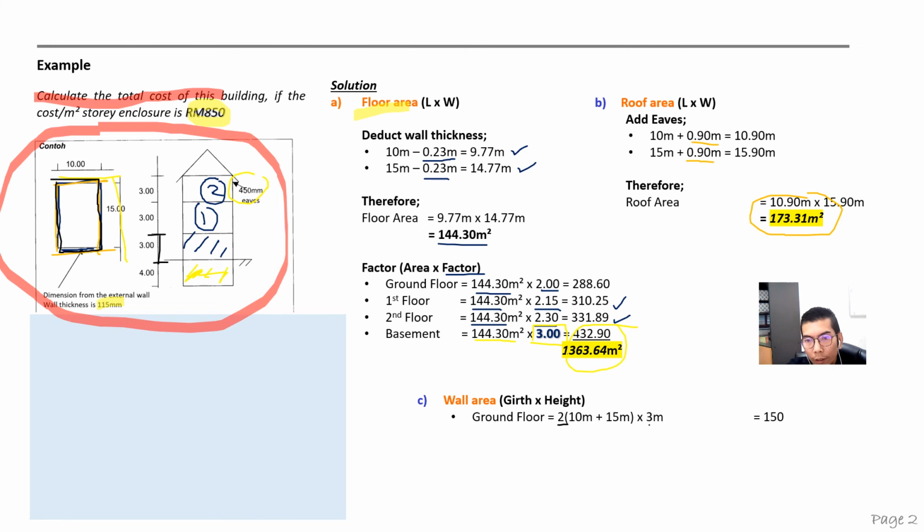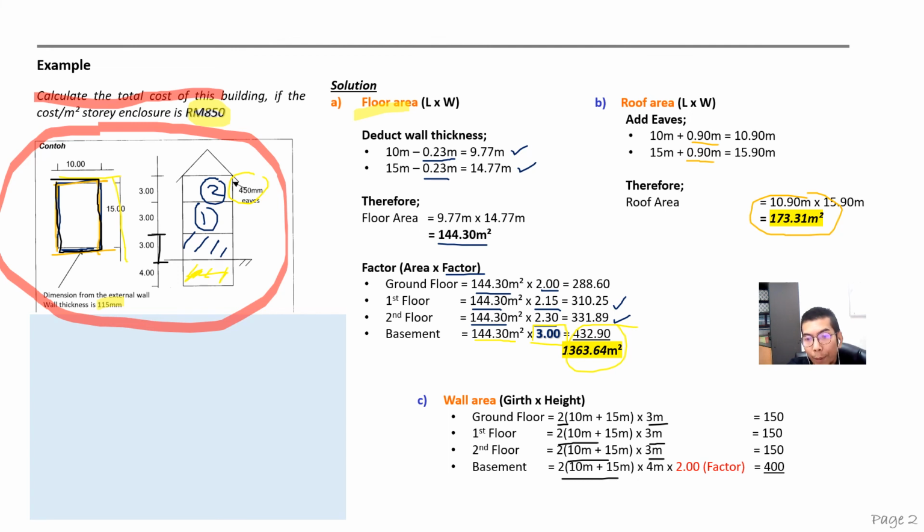For the first floor, still the same size, still the same height, 3 meter. For the second floor, also still the same perimeter, still the same height, 3 meter. Basement, still the same perimeter, 10 plus 15 times 2, but the difference is the height, 4 meter for basement. But for wall area, you have to times with the progressive factor, which is 2.